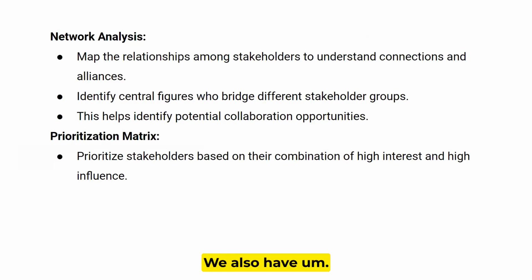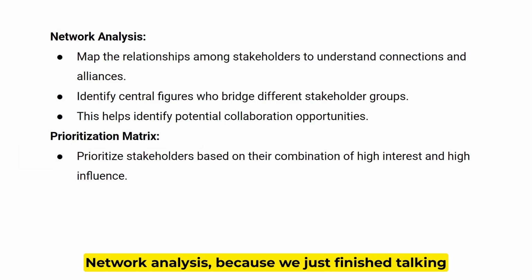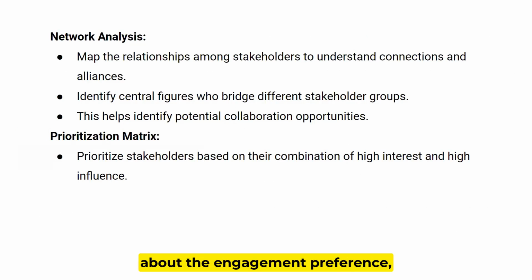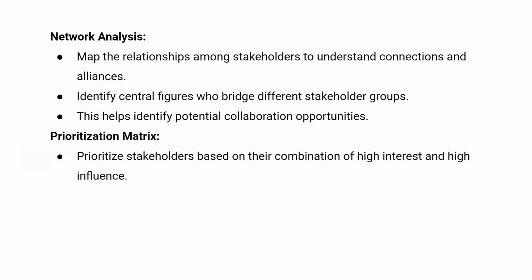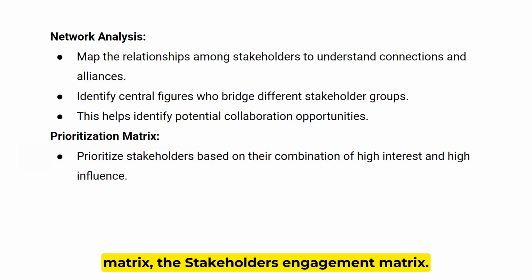All right, we also have network analysis, because we just finished talking about the engagement preference. The engagement preference led us to how we are able to analyze the stakeholder engagement matrix.